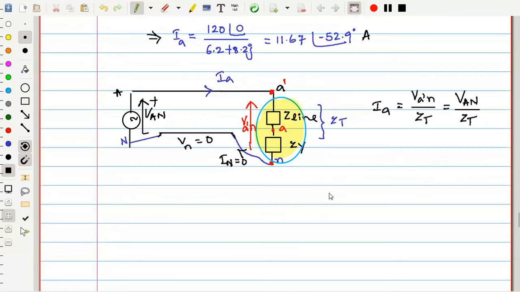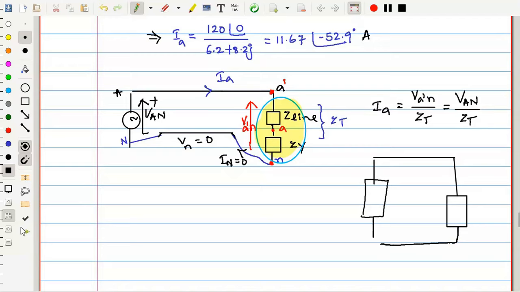That is a simple thing, right? So you have two elements in parallel. If the two elements are in parallel, is not the voltage same? Something like this. This is Z1, element 1. This is Z2, element 2. If this element voltage is V1, what about this element voltage?